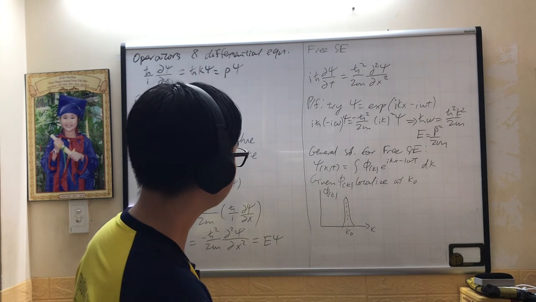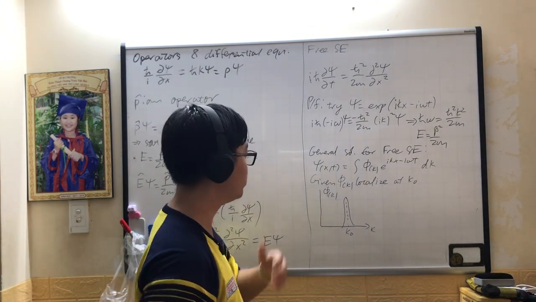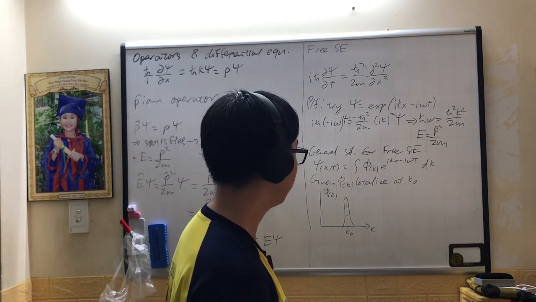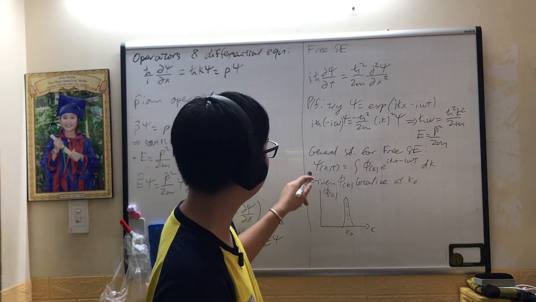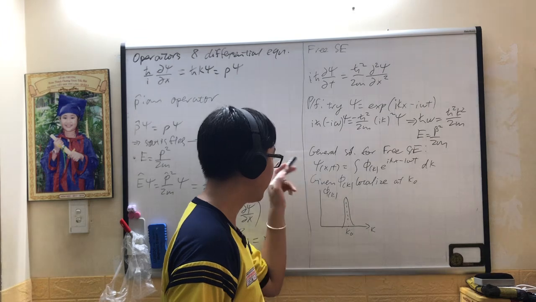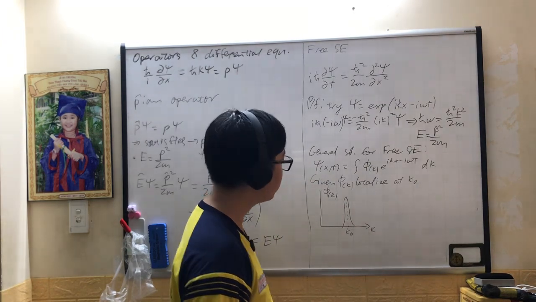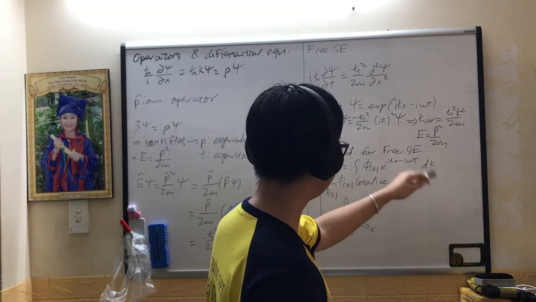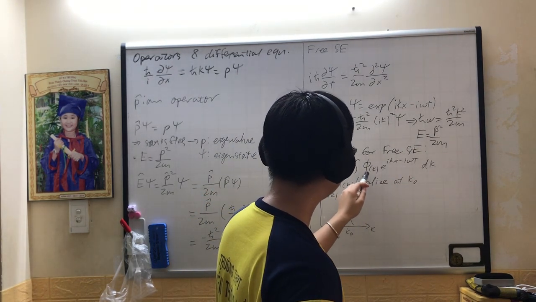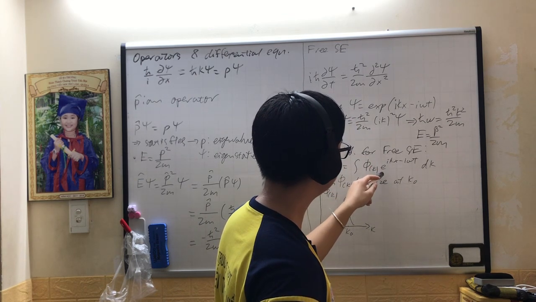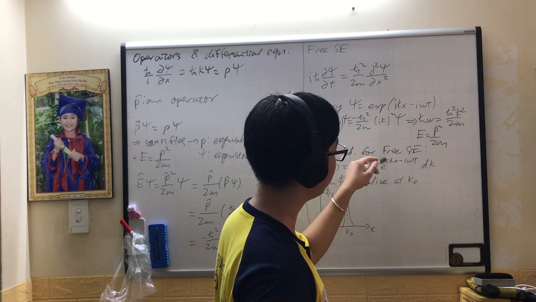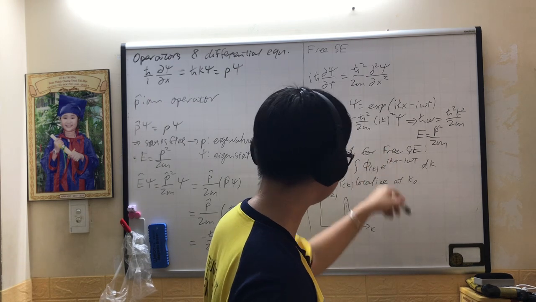And next is the general solution for the free Schrodinger equation. It would take the form psi of x and t equal to the integral over dk of a function phi of k, and the exponential part e to the ikx minus i omega t.